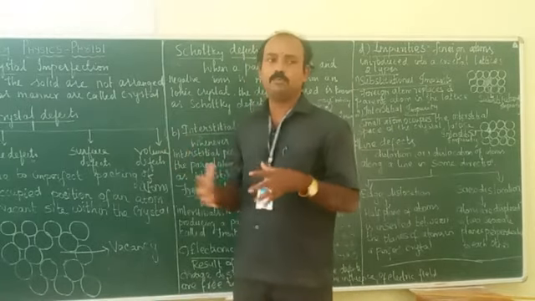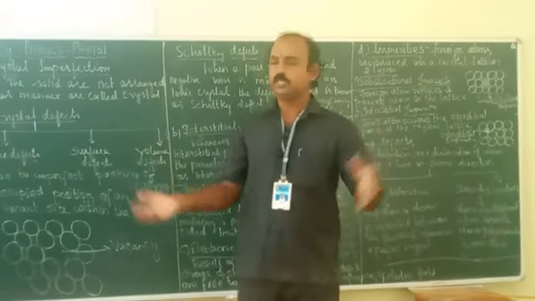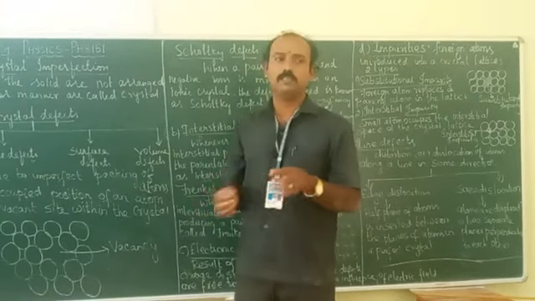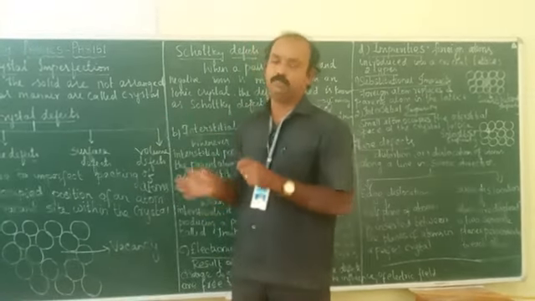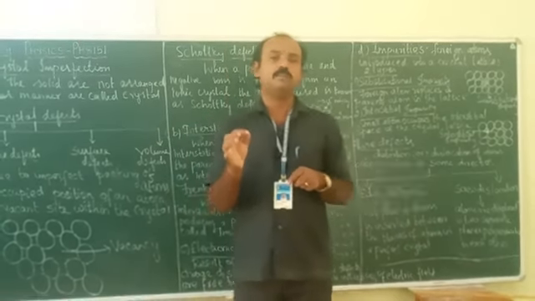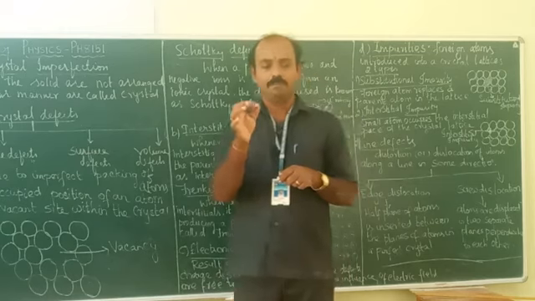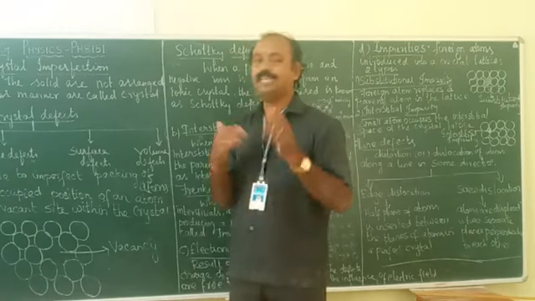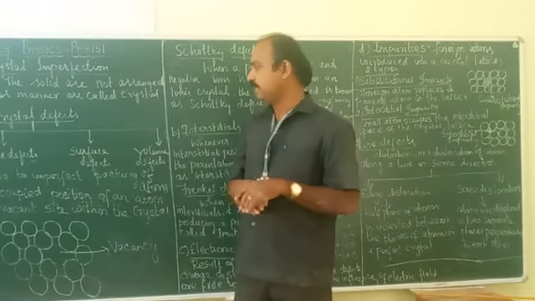Here I explained point defect and line defect. Point defect means in a particular crystal, one atom or one pair of positive and negative ions is missing, that is a point defect.